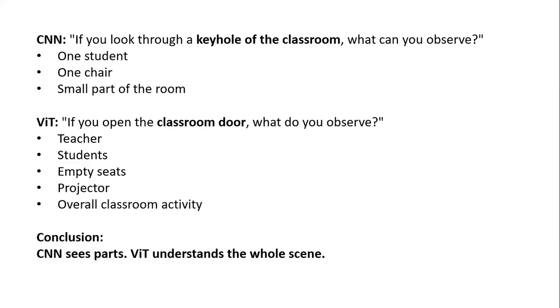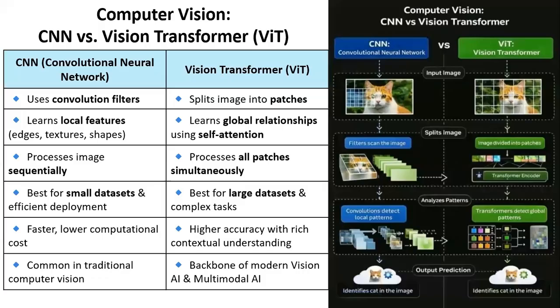You can see teacher, students, empty seats, projector, overall classroom activity at once. So the difference is that CNN sees parts of the image, whereas vision transformer understands the whole scene at once.